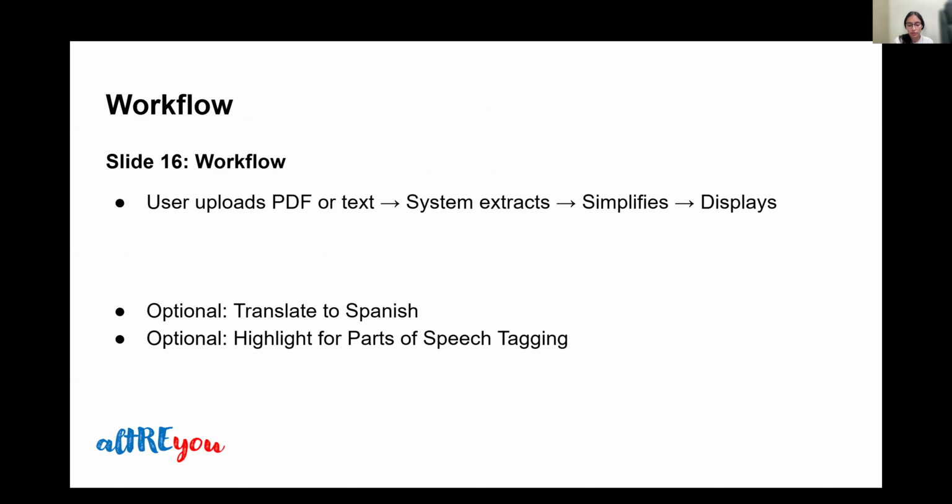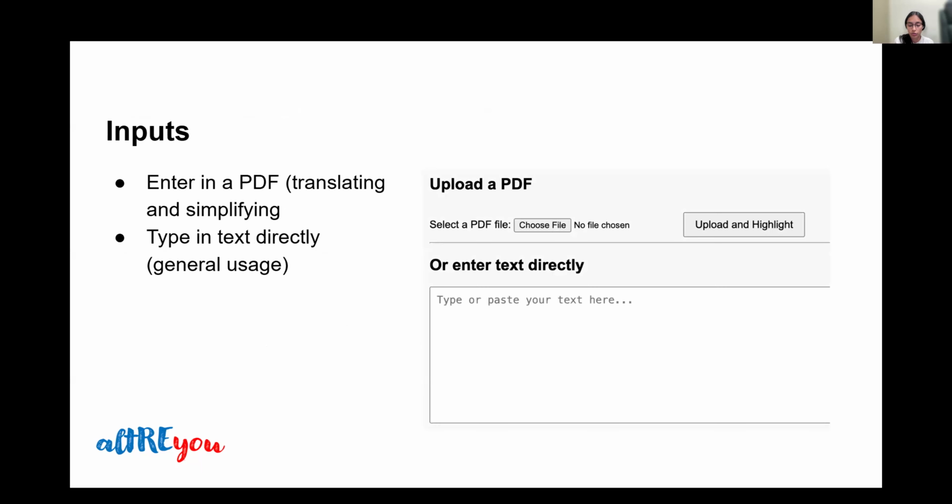The workflow goes like this: the user inputs text directly or uploads a PDF. The program analyzes it, highlights key parts of speech and difficult words, simplifies the language, and then outputs a clear, easier to read version for the user. So as I mentioned, this is kind of what it looks like.